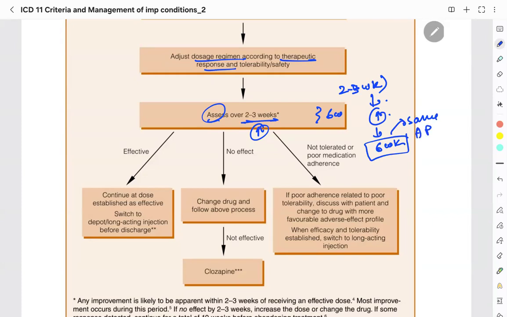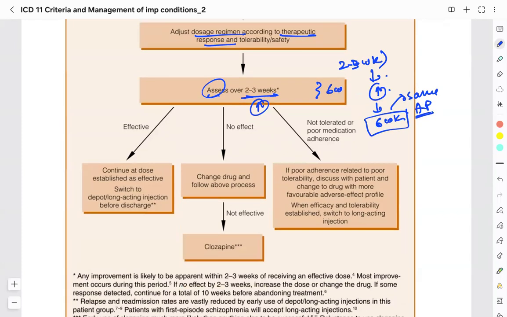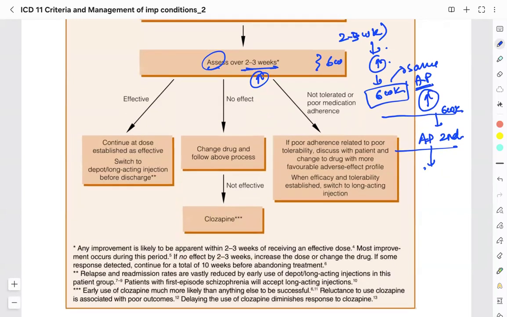This is important because if they are not responding on this antipsychotic after 6 weeks, you change it to a different one. If you have tried the second antipsychotic, you have to do the same thing, increasing the dose according to tolerance and response, for 6 weeks.